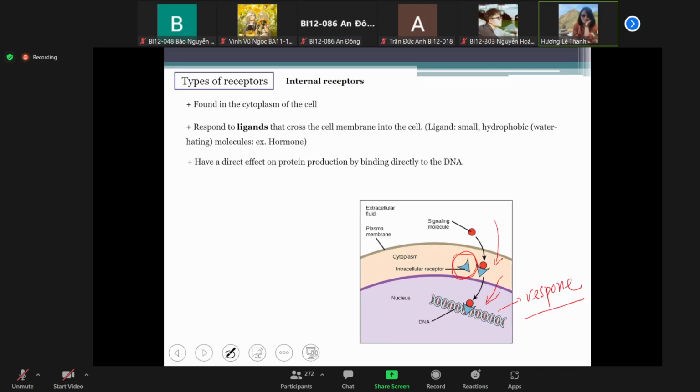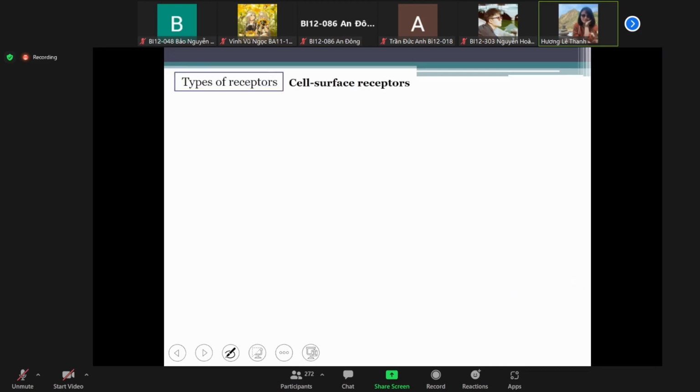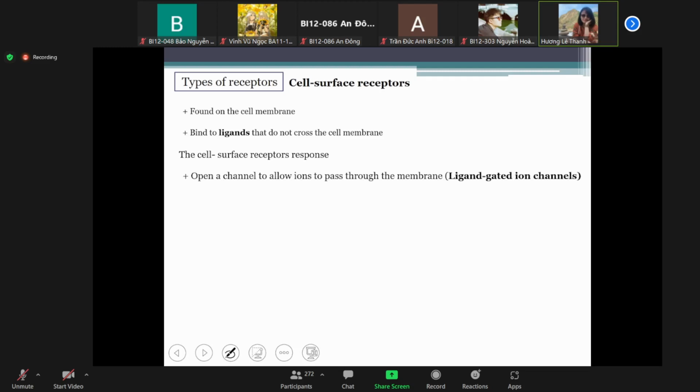The second type is the cell surface receptor, which receives information from ligands that cannot cross the cell membrane. They are found on the cell membrane. They bind to ligands that do not cross the cell membrane, and they can respond in three kinds of ways. They can open channels to allow ions to pass through the membrane; we call these ligand-gated ion channels.